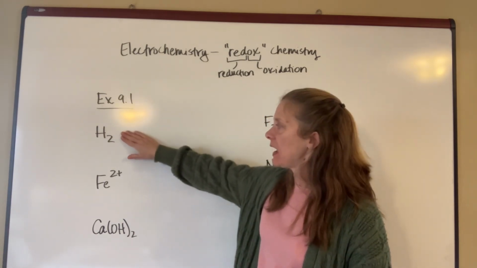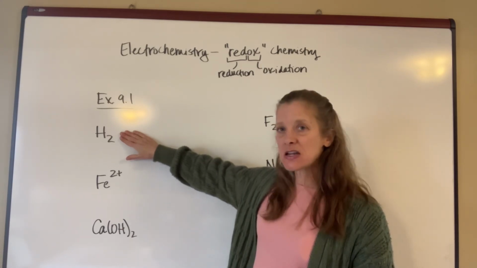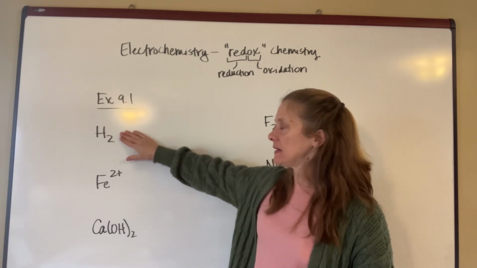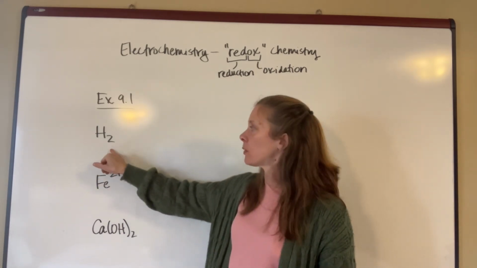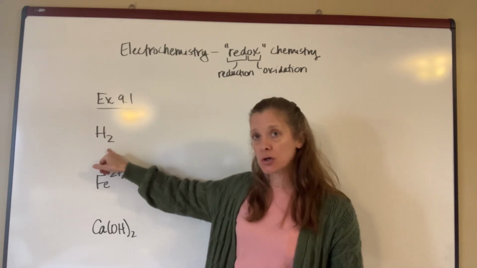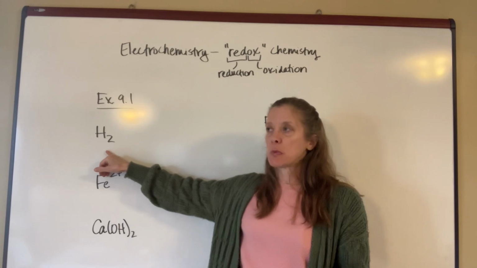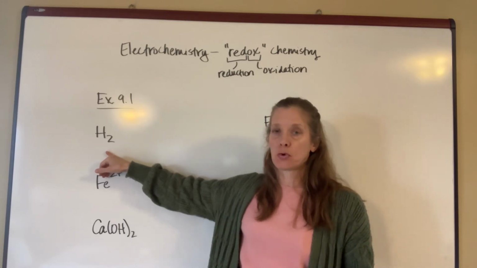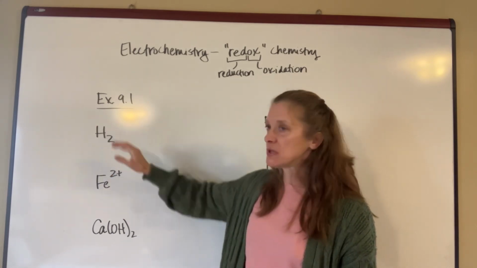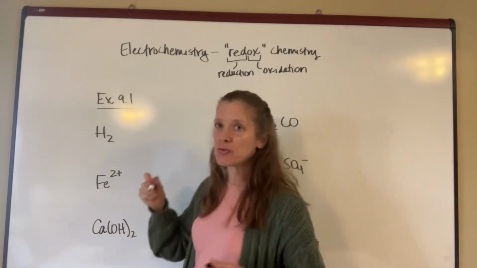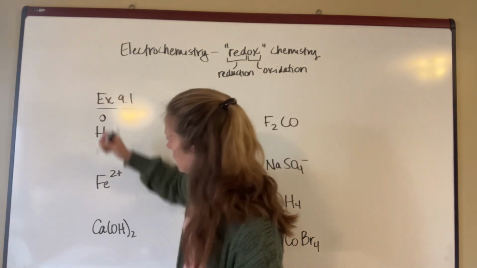So if I have a diatomic molecule of hydrogen, the oxidation number for an element that is by itself, whether it's one atom or a couple of them hooked together in a molecule, like hydrogen and the other diatomic molecules, oxygen, nitrogen, fluorine, chlorine, bromine, iodine, all of those are diatomic, but the atom is by itself, and so the oxidation number is going to be 0.